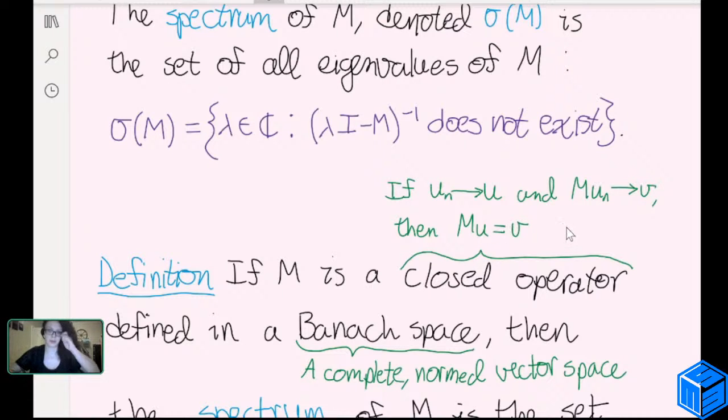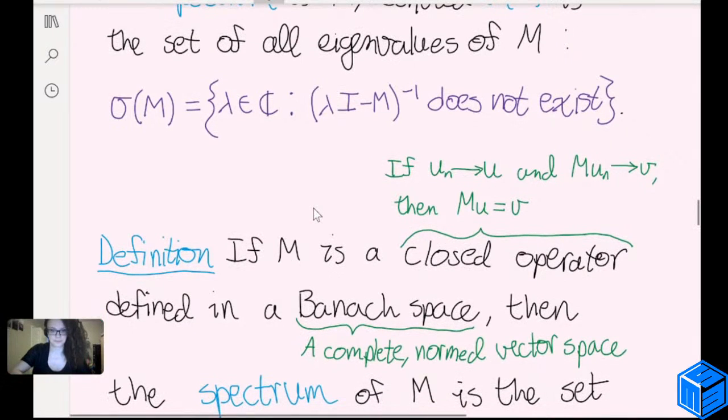So that's a closed operator. And the other thing we need is for M to be defined in a Banach space. So that is a complete normed vector space. And we've been dealing with those, so no need to worry about that.